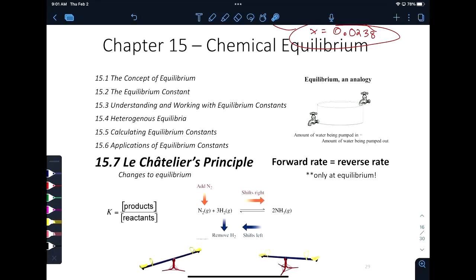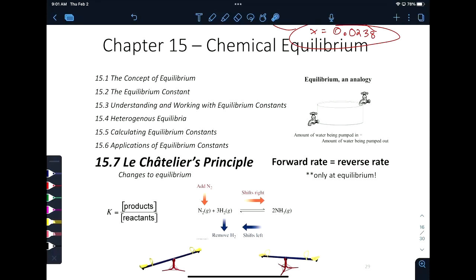All right, so we're going to move on now. We did a lot of predicting which way reactions will go given initial conditions, but we can also predict directions reactions will go, or chemical equilibrium will shift, when they're already at equilibrium and we stress the system. Ways that we can stress the system: changing concentrations of reactants and products.